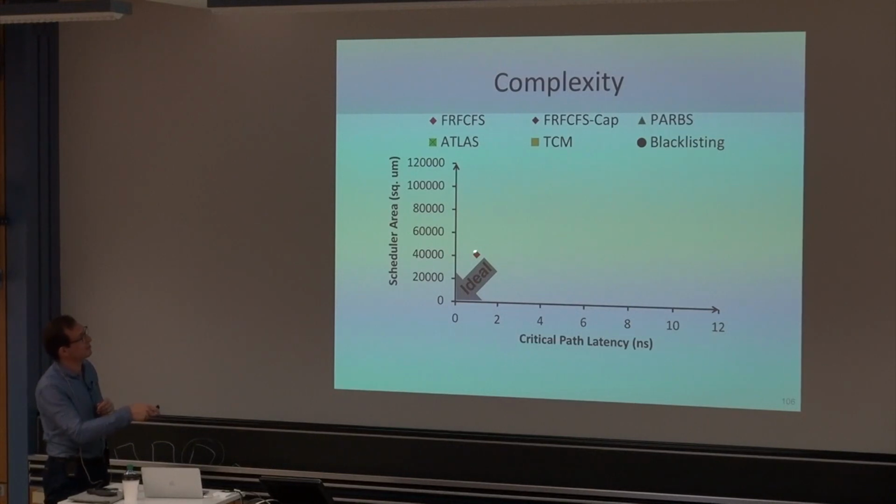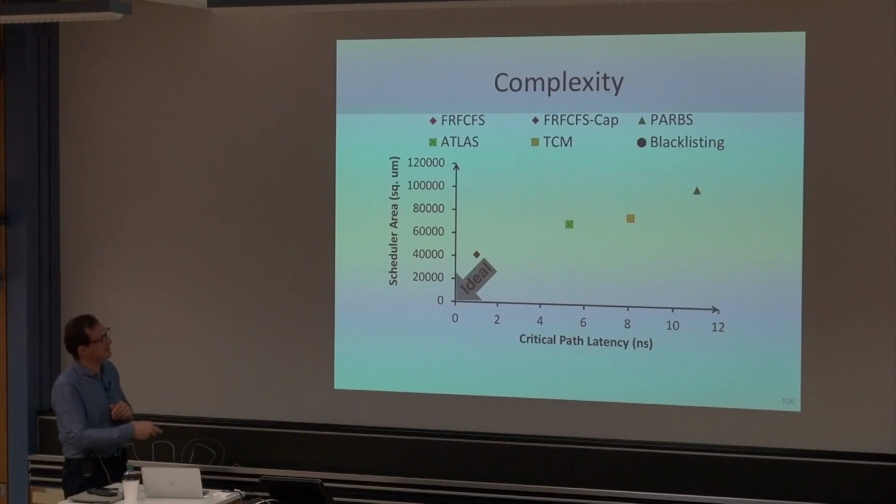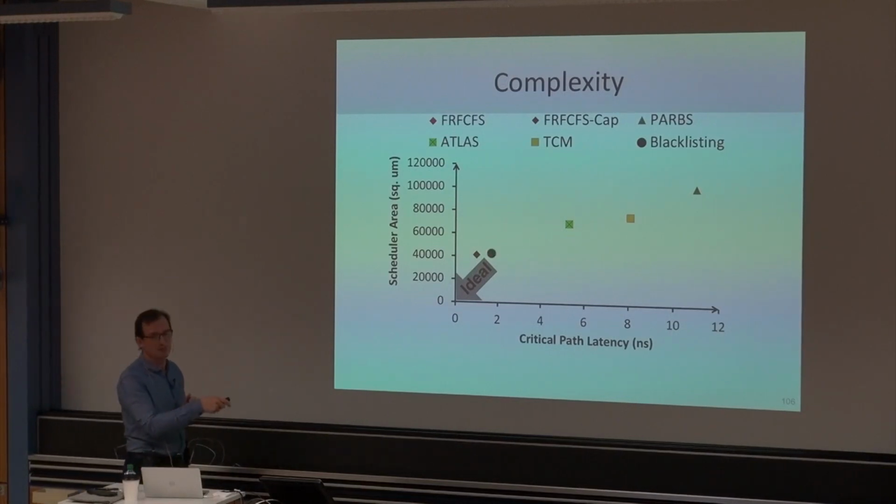And FRFCFS is actually close to there. FRFCFS cap is pretty much on top of it. PARBS is far away, as you can see. ATLAS is actually over here. I think it can be optimized more. I'm not really sure why it is there. And TCM is actually somewhere in between, and blacklisting gets you much closer to here. It's not the simplest scheduler, but it's close to the simplest.